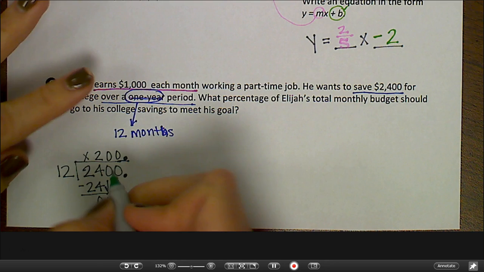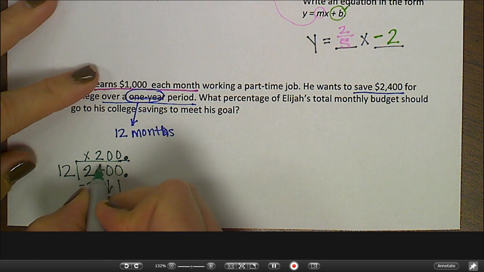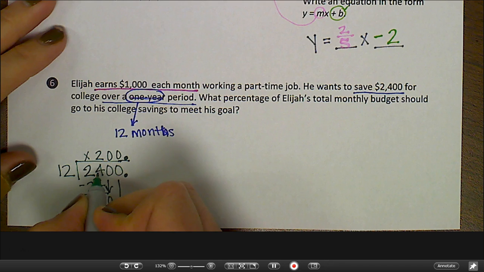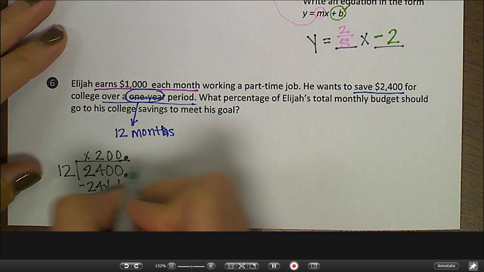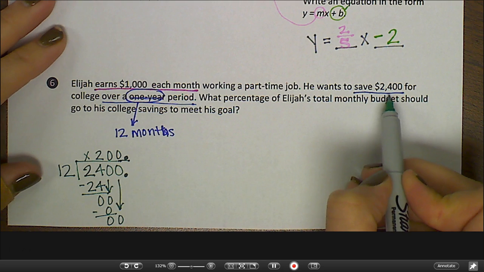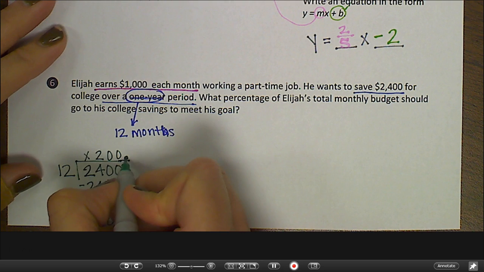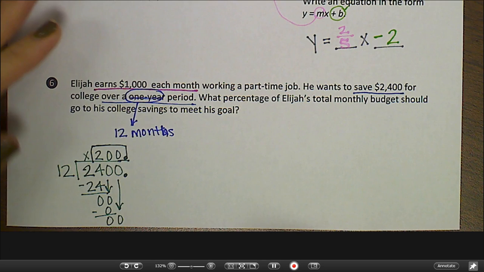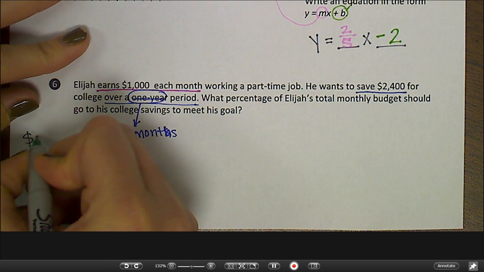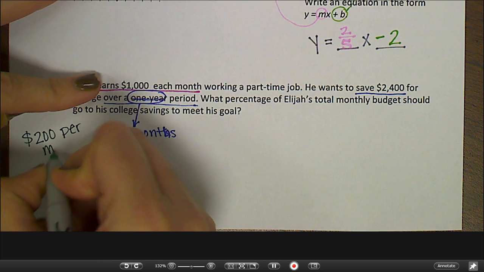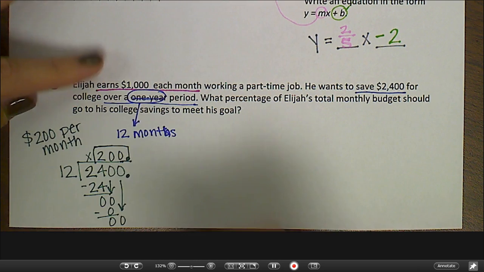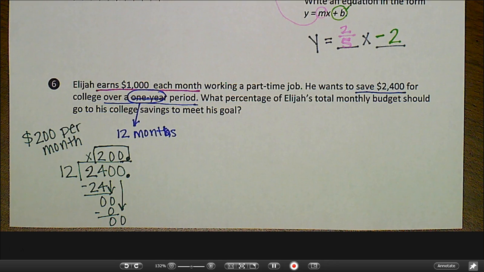Okay, so I worked this out. I don't want to stop at the $2 per month, that would not make any sense. I'm going to have to save a lot more than that for college if I'm trying to save up this much in 1 year. So $200 per month is what we need. So that's our first part.